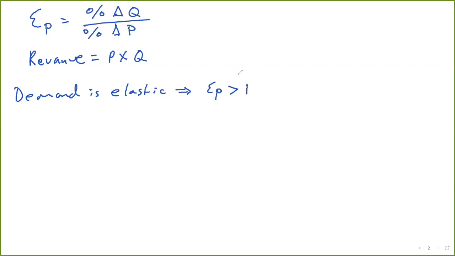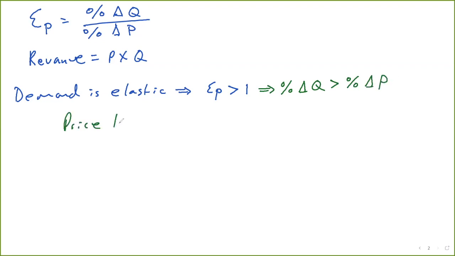So remember, we talked about how if the price elasticity of demand is greater than 1, then that means the numerator of our formula up here has to be greater than the denominator. So this implies the percentage change in quantity is greater than the percentage change in price.